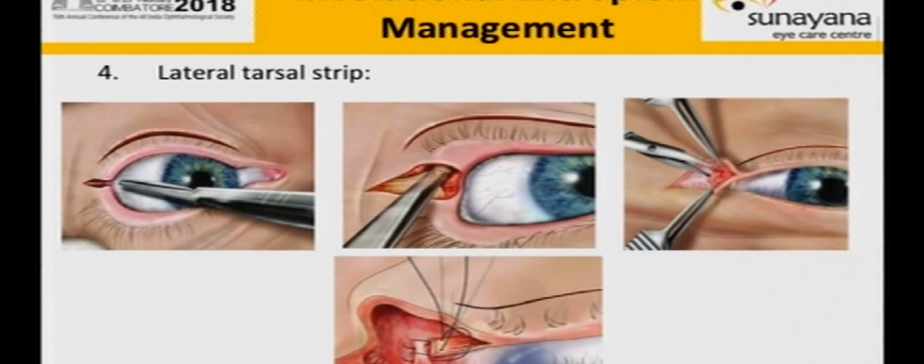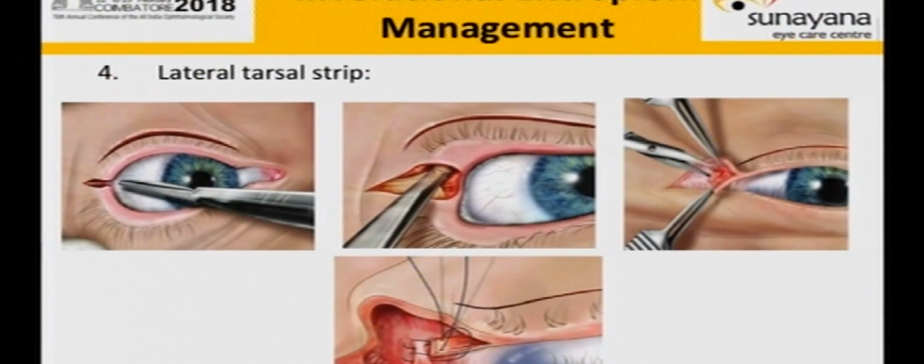Addressing the horizontal lid laxity along with Jones is very important, hence a pre-op assessment helps there. You would want to combine Jones with a lateral tarsal strip in cases where you have associated horizontal eyelid laxity. The tarsal strip is created in the lower eyelid laterally, and that is attached to the lateral orbital rim.